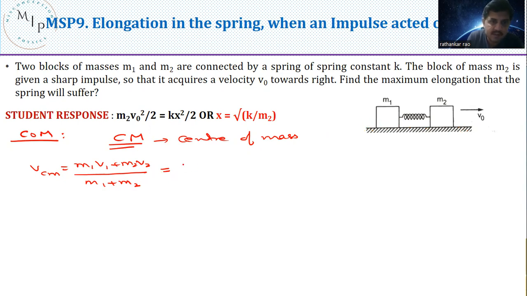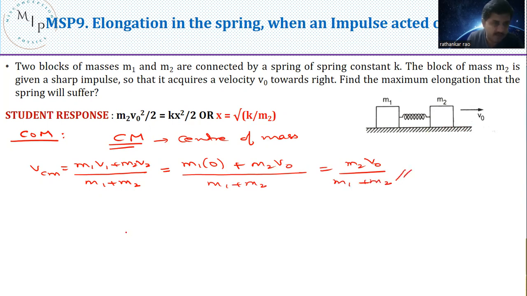So I will write this as m1 into 0 plus m2 into v2, which is going in the forward direction. It was v0 at time t equal to 0. Divided by m1 plus m2, which is equal to m2 v0 divided by m1 plus m2. This is my center of mass velocity.